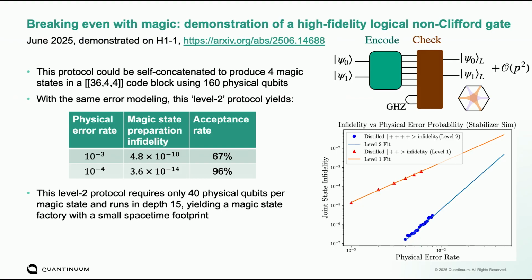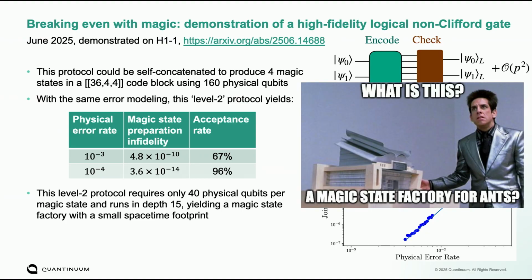And if we were able to further improve our physical error rates to 10⁻⁴, we think it would produce 3.6 × 10⁻⁴ magic state preparation infidelity with a 96% acceptance rate. And so this would be like a really high quality magic state, and it would only require 40 physical qubits per magic state and would run in depth 15. And so what we get out of that is a magic state factory with a small space-time footprint.